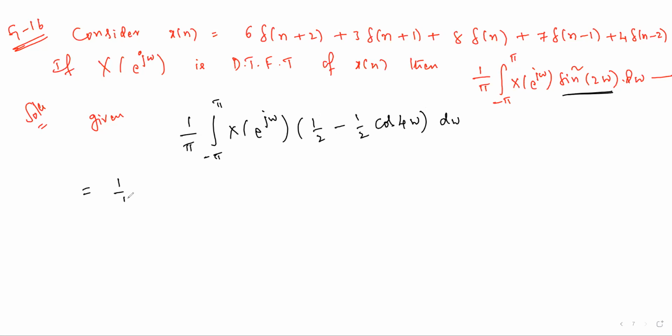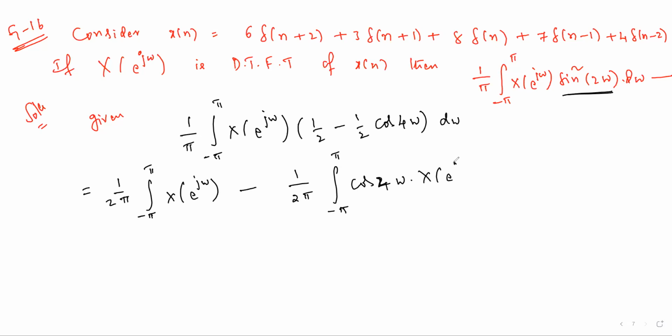Further, let us manipulate it: first term x of e to the power of j omega with 1 by 2 outside, minus 1 by 2 pi integral from minus pi to pi of cos 4 omega x of e to the power of j omega d omega.